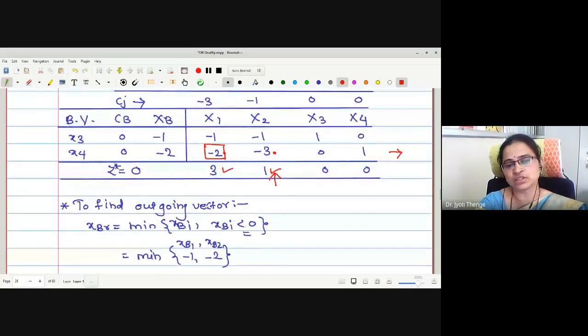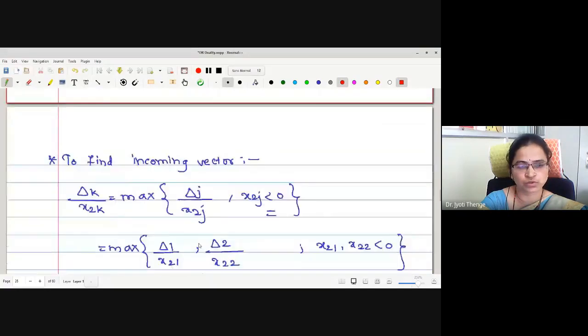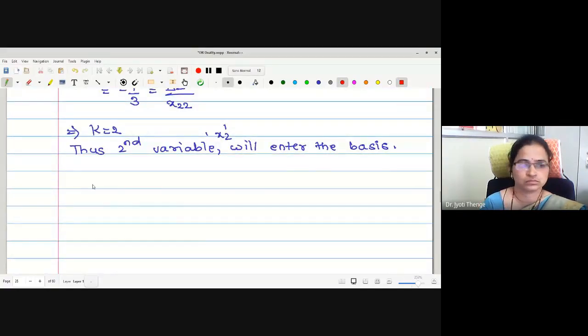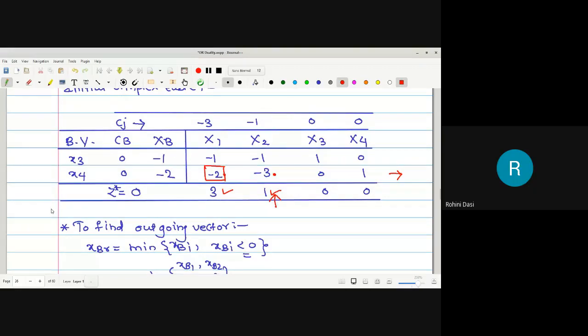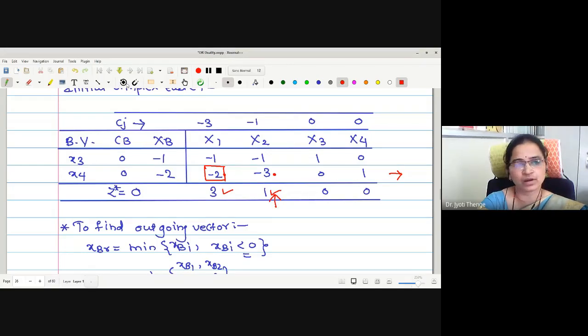Okay. Now, if I want to convert this minus 2 to unity and the remaining entries to 0, which row operations are to be used? First, R2 upon minus 2, right? Oh, sorry. The pivot is minus 3, it is the second variable x2 that enters.